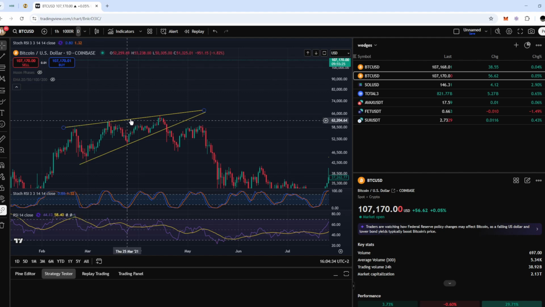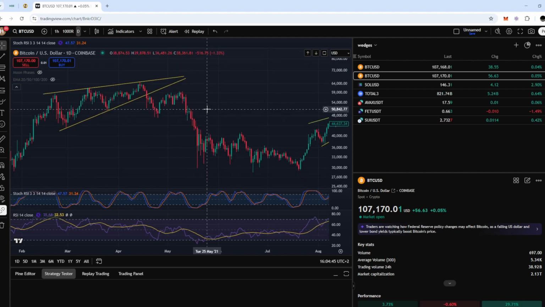So this was a long pattern and we broke down here, and this would be a good opportunity to sell. We had some reclaiming here. Looked like there was some strength left, but this is when we actually had the big drop in '21. So this is good to note, this is when we had this big drop towards 30K.